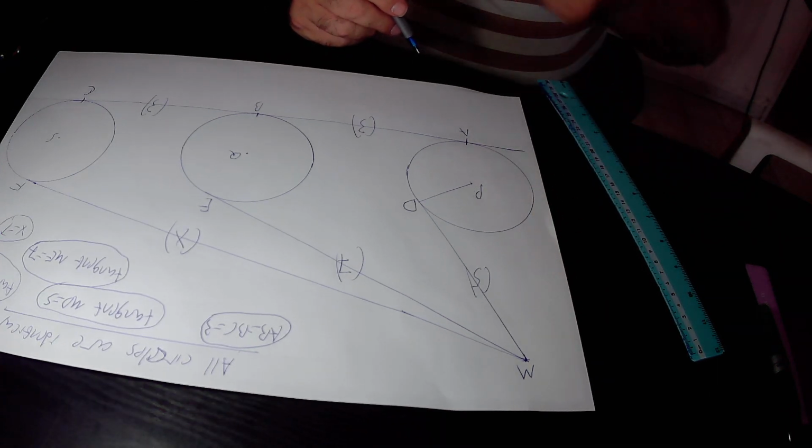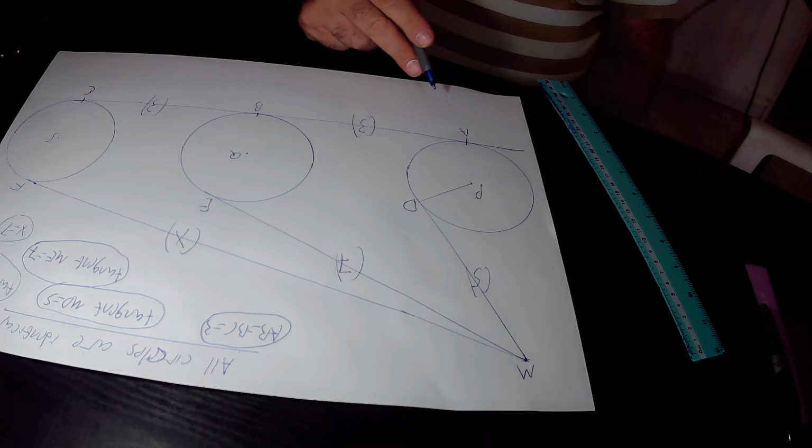PD is of course the radius of this circle. We define the radius of this circle as R.